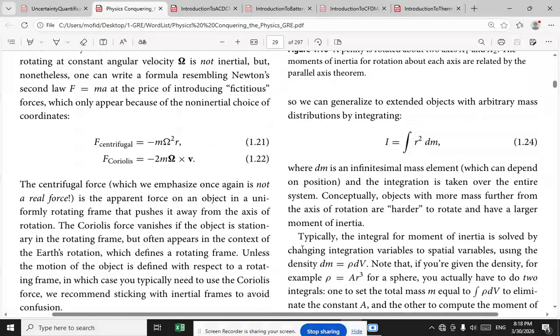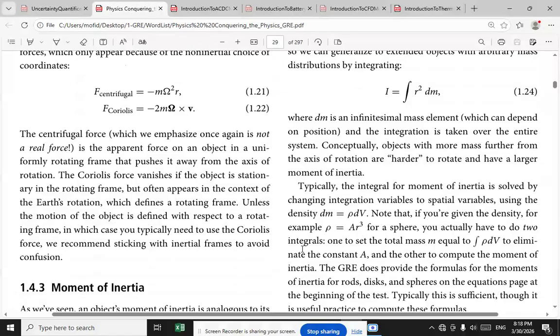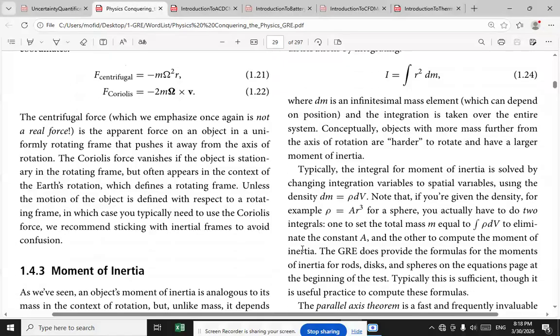Conceptually, objects with more mass further from the axis of rotation are harder to rotate and have a larger moment of inertia. Typically, the integral for moment of inertia is solved by changing integration variables to spatial variables using the density: dm is equal to rho dV.